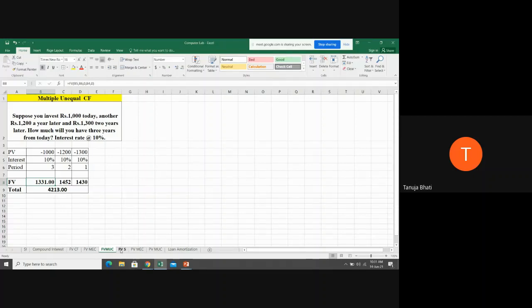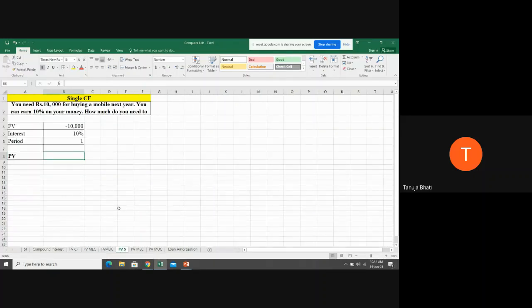Next is how to calculate the present value. Same, we will see for single cash flow, multiple equal cash flow, multiple unequal cash flow. So what you have to do first, when the problem is given, just write down the given information in this format. So the future value is 10,000, the interest is 10%, period is 1 year as per this problem. How do I calculate the present value?